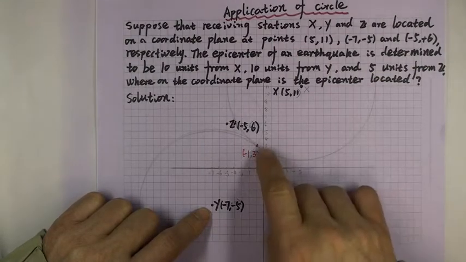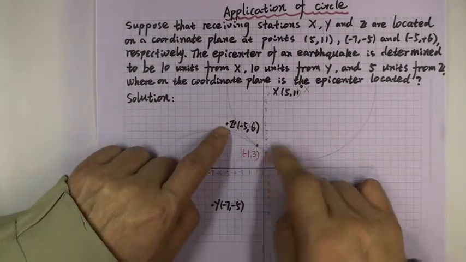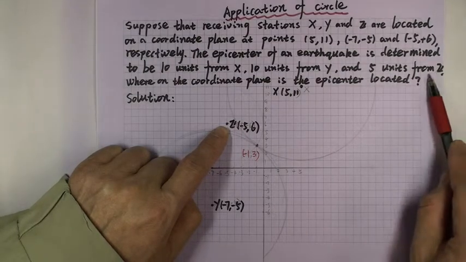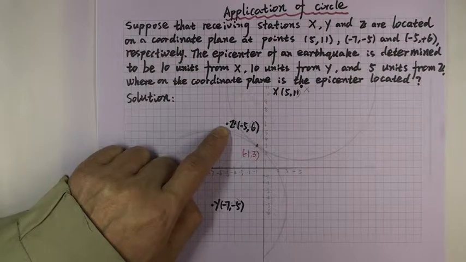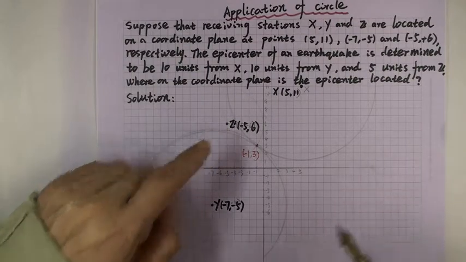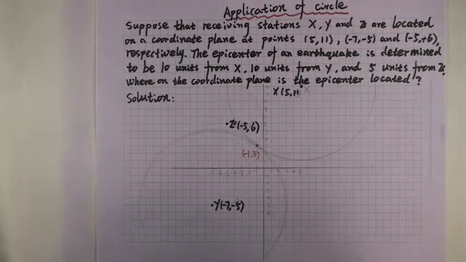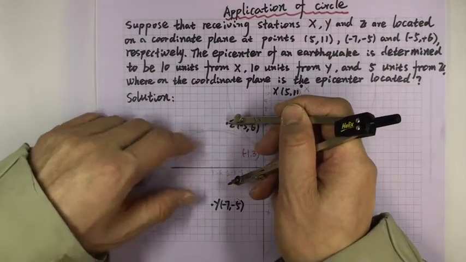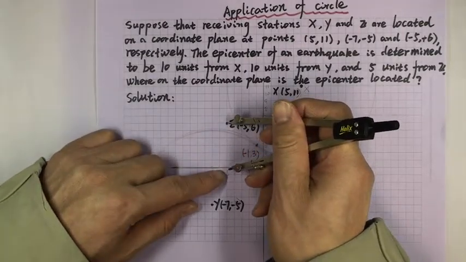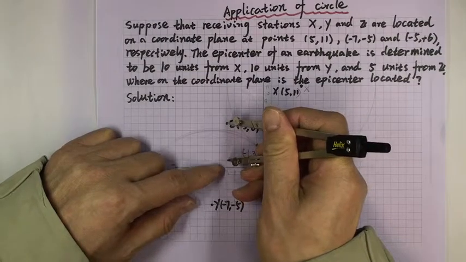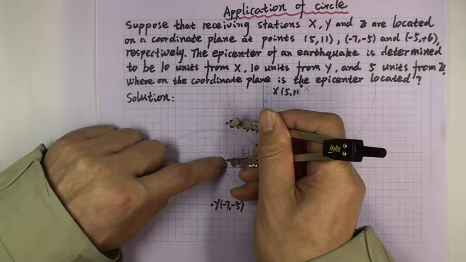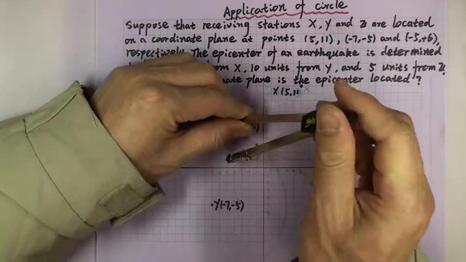And we also know the epicenter is 5 units away from Z. The center is here. You measure 5 units, 1, 2, 3, 4, 5 units. And then you draw a circle.